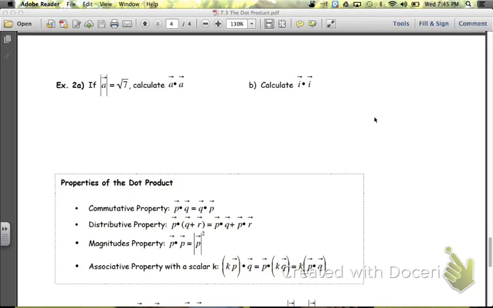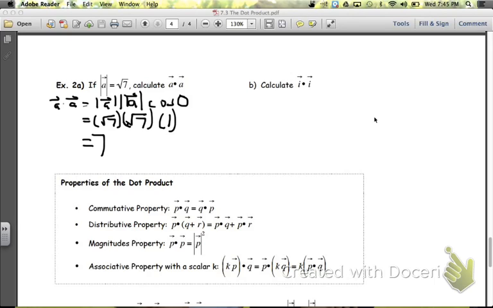So when we're talking about the dot product between A and A, we're looking at the magnitude of A times the magnitude of A cos 0, which is going to be equal to the square root of 7 times the square root of 7 times 1. Therefore, when we multiply that, we're going to get 7.